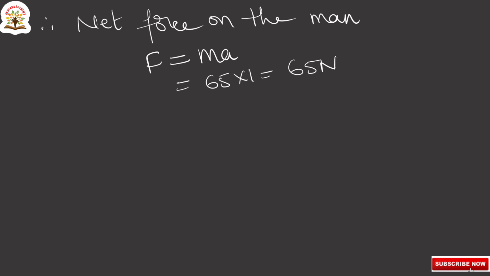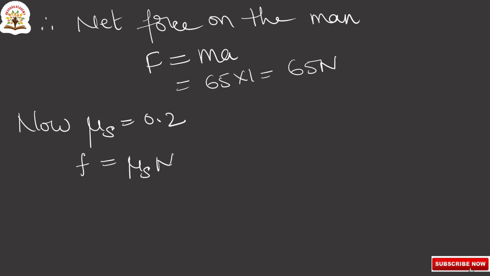Now they have given mu s as 0.2, the coefficient of static friction. So the limiting friction F is equal to mu s into N, or F is equal to mu s into mg.